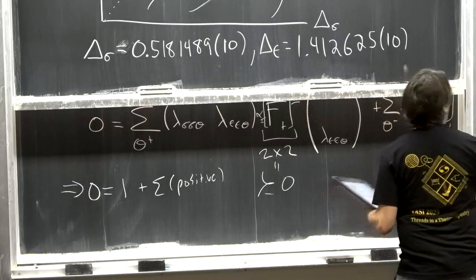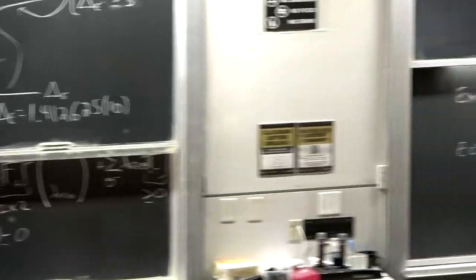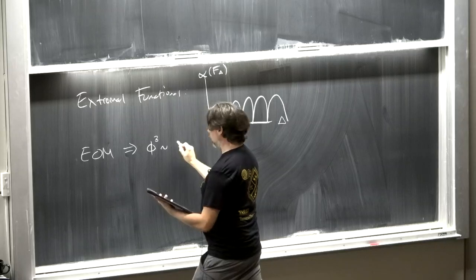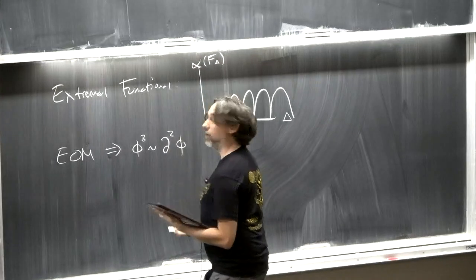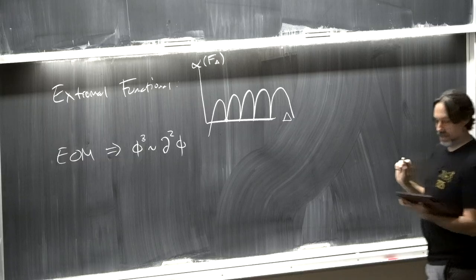In particular, in the Wilson-Fisher fixed point description, in terms of a scalar field with a phi to the 4th interaction and so on, there's some equation of motion which looks like phi cubed gets related to del squared phi. This is the equation of motion of scalar phi to the 4th theory.